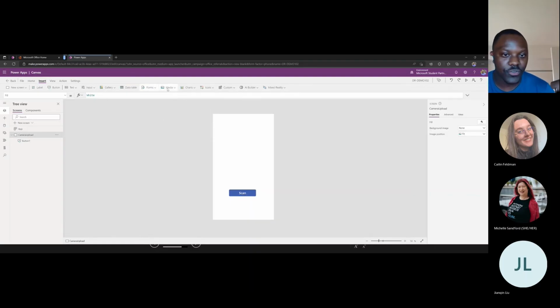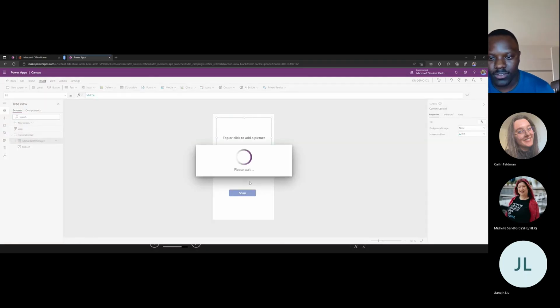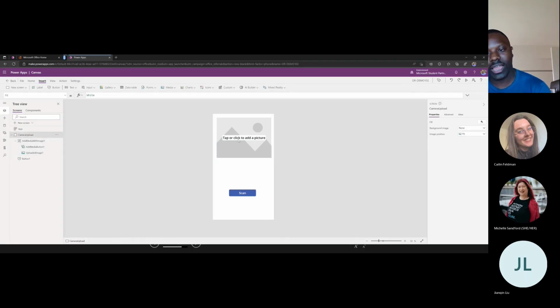But in this case, I'll just use add picture, because I'm just gonna get it locally. Add picture, and so this will allow us to upload a picture onto our app.